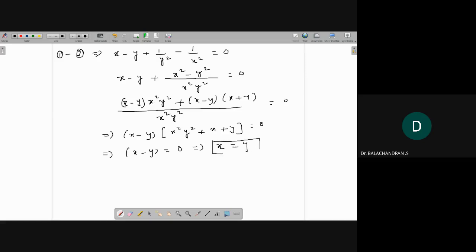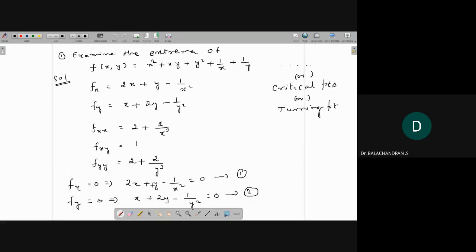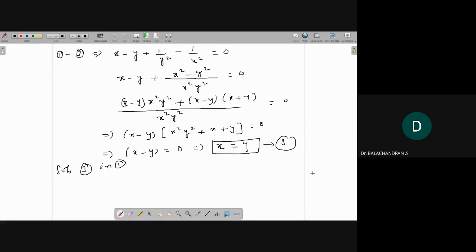Okay. Now after getting x equal to y, substitute x equal to y in equation 1. What is equation 1? 2x plus y minus 1 by x square. So now instead of x, I am going to substitute y.